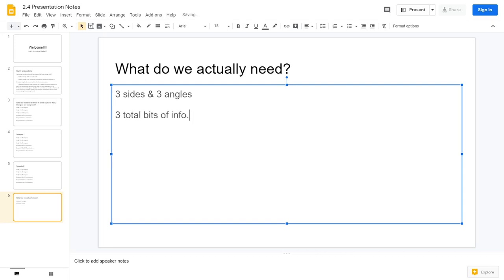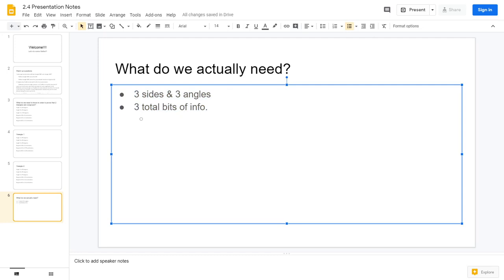So hopefully, you will have found that of those three total bits of information, let me format this a little bit nicer. Yeah, there we go. Of those total bits of information, there are some specific groups.